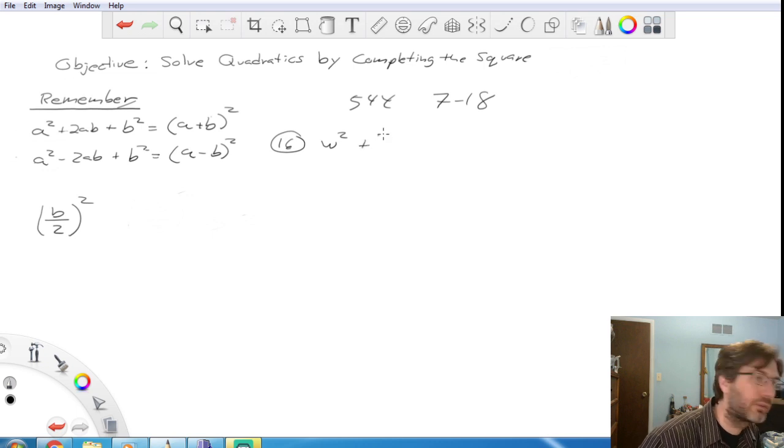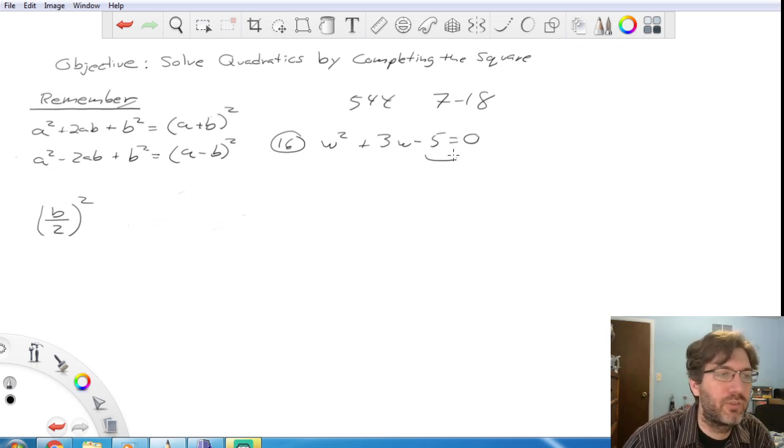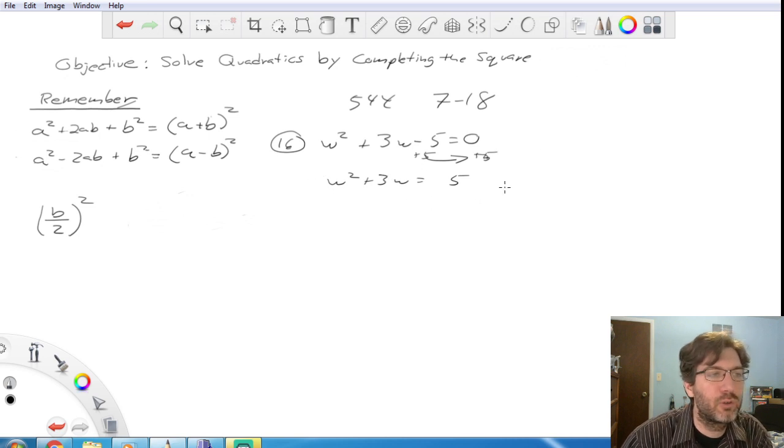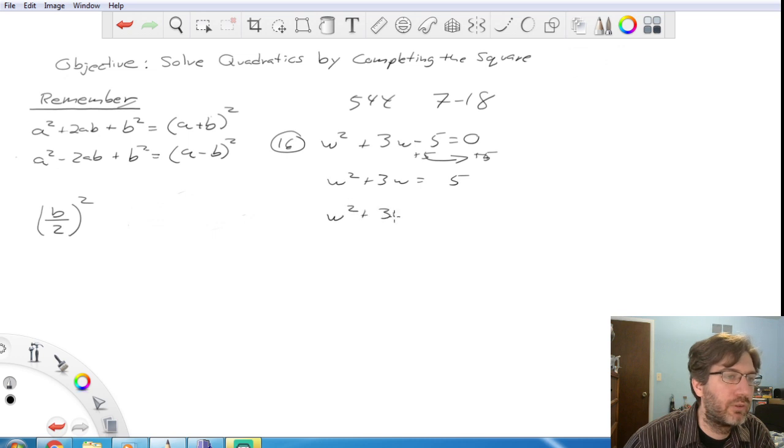W squared plus 3w minus 5 equals 0. In this case, you have that c term, so move that over. So you get w squared plus 3w equals 5. Again, add 5 to both sides, move it over. That way I can figure out what I need to add to both sides using this little template. So 3 divided by 2 squared is 9/4. So w squared plus 3w plus 9/4 equals 5 plus 9/4.